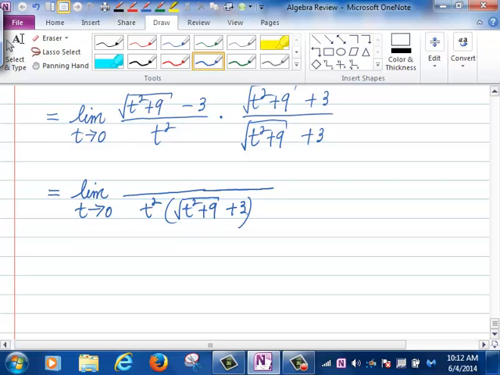Okay, and in the numerator, if I multiply those, I'm going to use this formula that a minus b times a plus b is the same as a squared minus b squared. You don't have to use it. If you don't use it, just multiply out by using FOIL, right? So then you are going to multiply these two numerators. You're going to get the square of this guy minus the square of the 3.